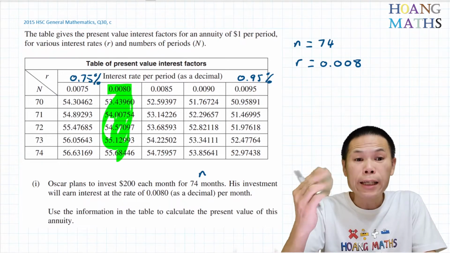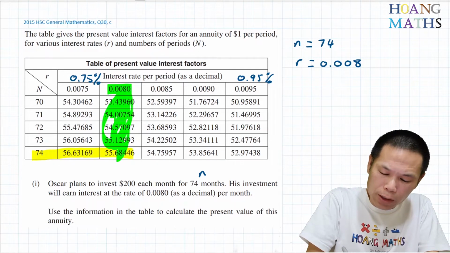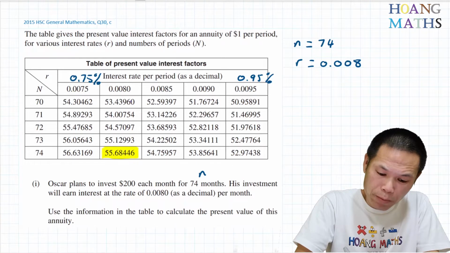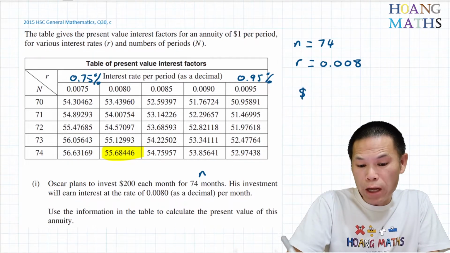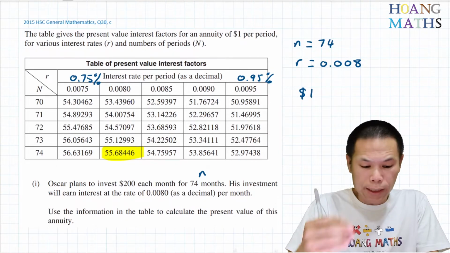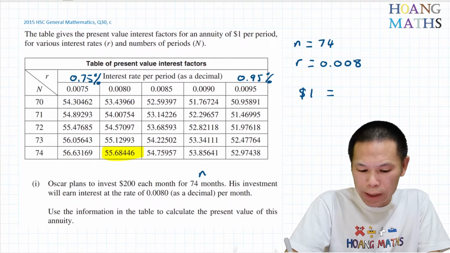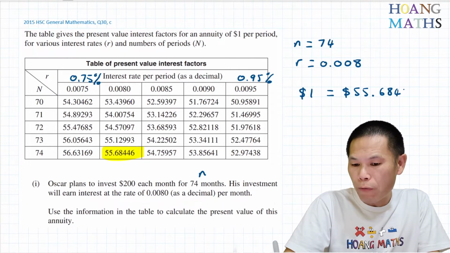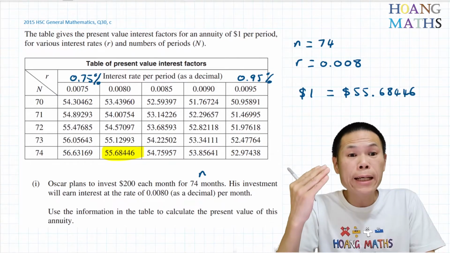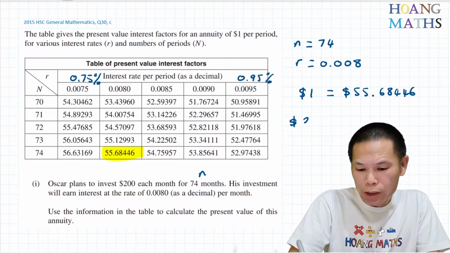And then N is 74, so we go down to 74, and we go across. This is the present value. This means Oscar makes a regular payment of $1 for the next 74 months, so the present value for this is 55.68446. But his regular payment is not $1, it's $200.